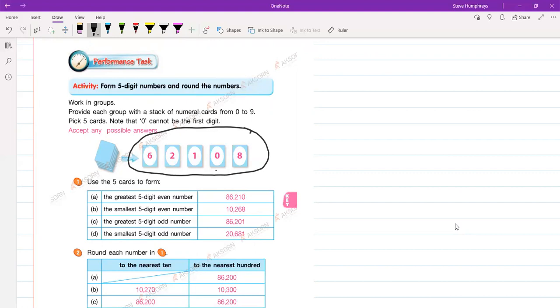Use the 5 cards to form, well, here they've given you 6, 2, 1, 0, and 8. Use the 5 cards to form the greatest 5-digit even number. Remember, even number will end in, okay, 0, 2, 4, 6, or 8.